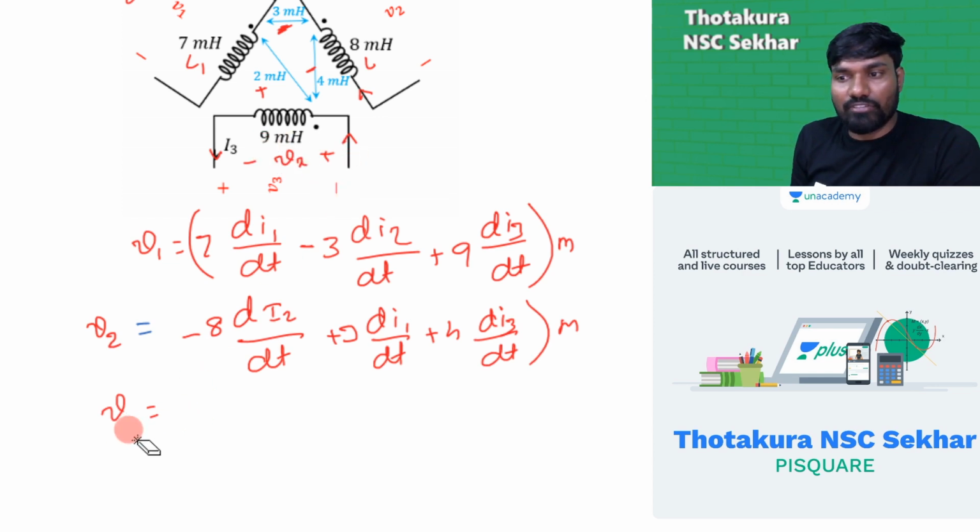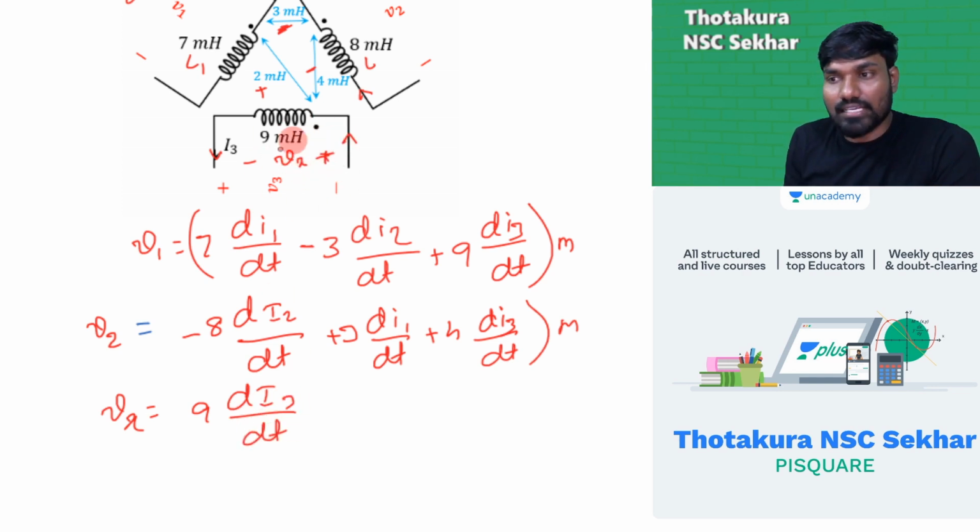I can easily find Vx. With respect to this Vx, I'll have a positive, that's fine, 9 dI3 by dt. This is the first thing. The second thing is the mutually induced EMF. Between these two, what's the mutually induced EMF? Minus 4 dI2 by dt.